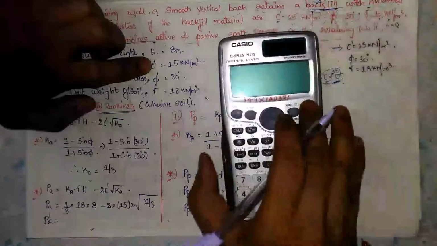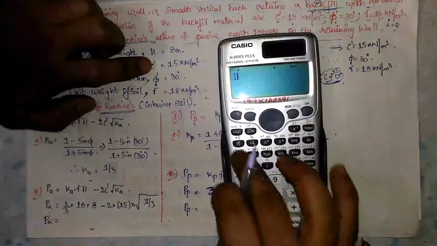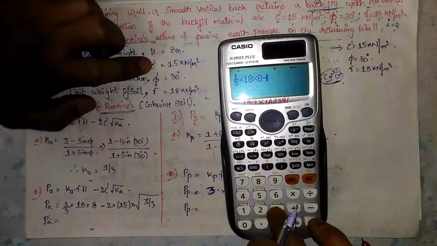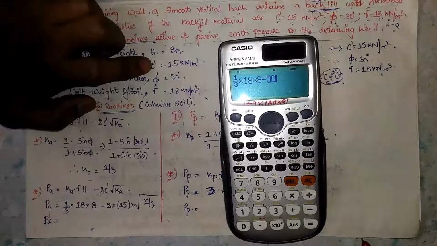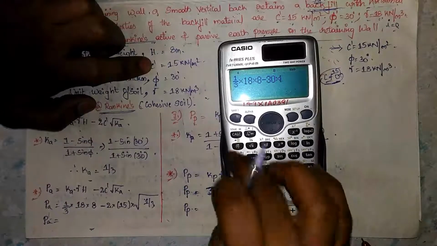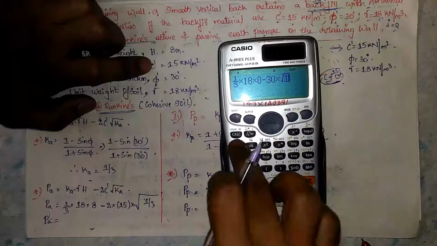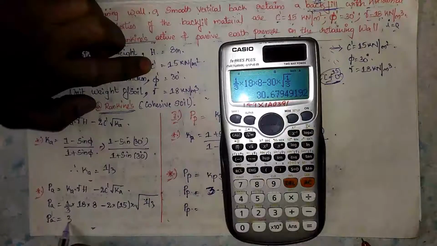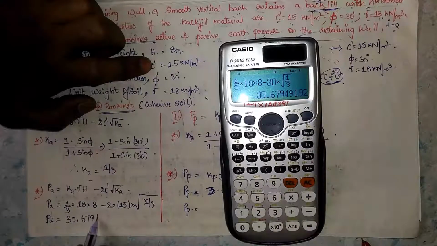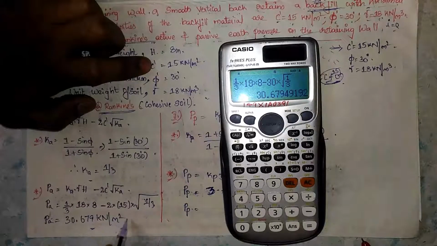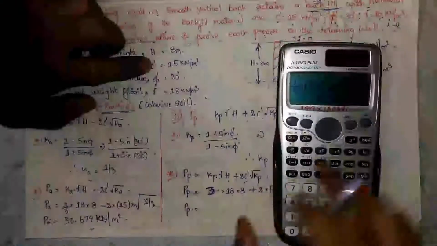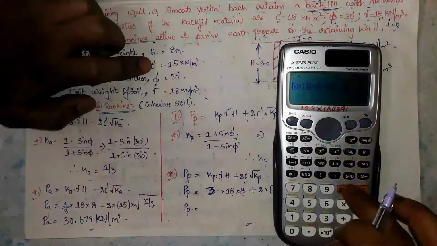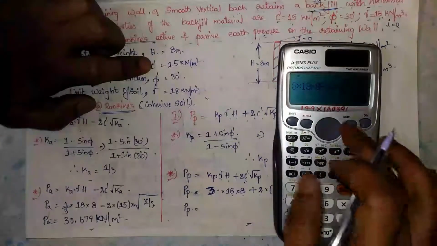So 1 by 3 into 18 into 8 minus 2 into 15, that is 30, into root of 1 by 3. So we get the answer as 30.679 kilonewton per meter square, okay. For Pp just change the sign.